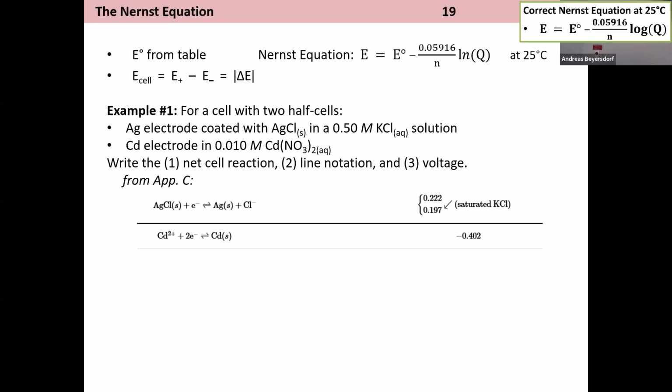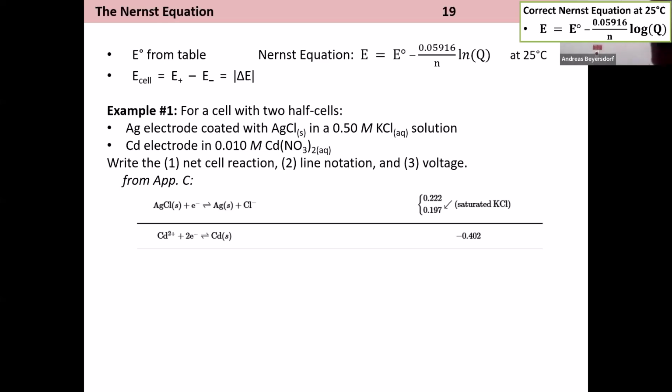What is our Q for that equation right there? It helps if we have charges or our states. So for that cathode, what can our Q be?